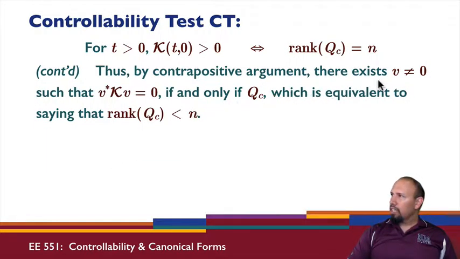So by contrapositive argument, there exists a non-zero vector such that v adjoint K v is equal to 0 if and only if QC is singular, that is, it has rank strictly less than n. So we have that expression of controllability, and now we have proved it.